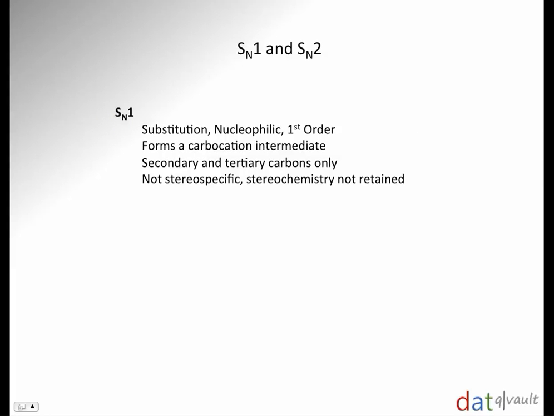There are two different types of substitution reactions. The first type is an SN1 substitution: S standing for substitution, N standing for nucleophilic, and the 1 standing for first order. In an SN1 substitution reaction, we form a carbocation intermediate, and because of that, only secondary and tertiary carbons are used in the SN1 mechanism.